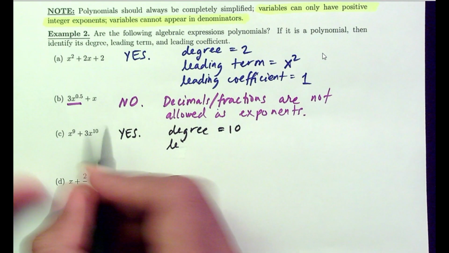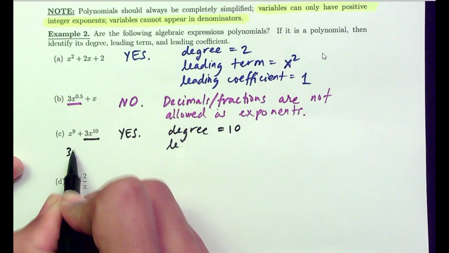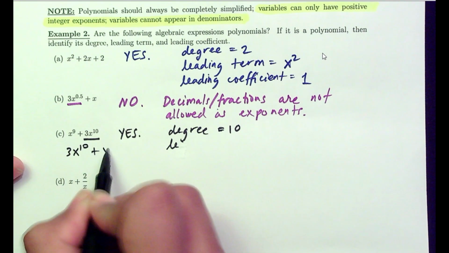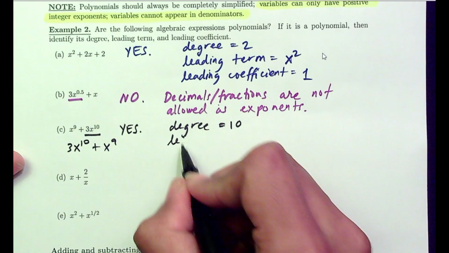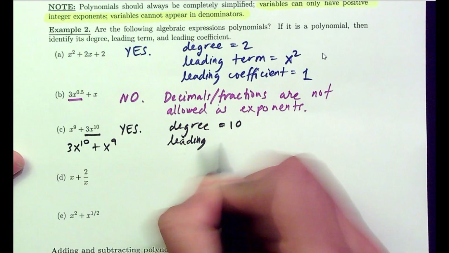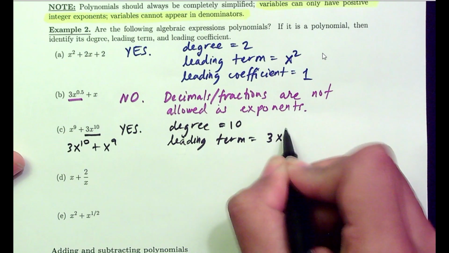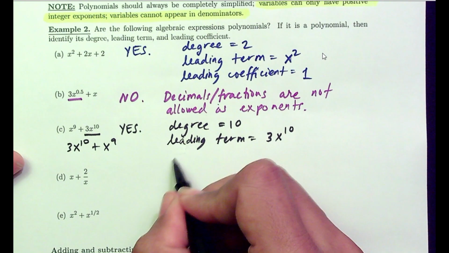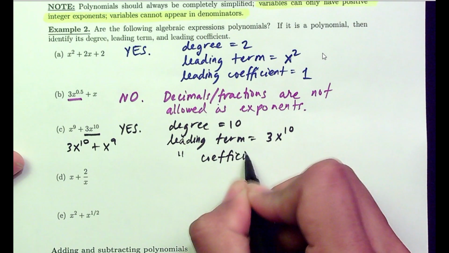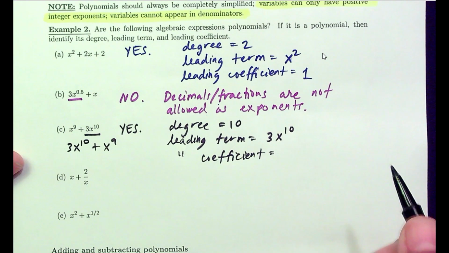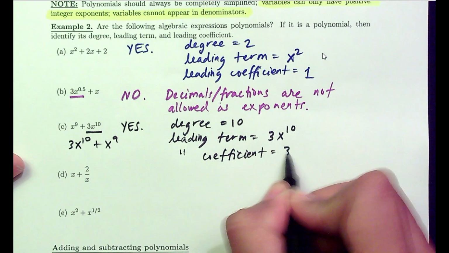So that means the leading term is actually this one. You would normally have to put it in order to figure that out. If you put it in order, that's what that would be. So the leading term is 3x to the 10. And the leading coefficient will be the number in front of the leading term. So in this case, it's the 3.